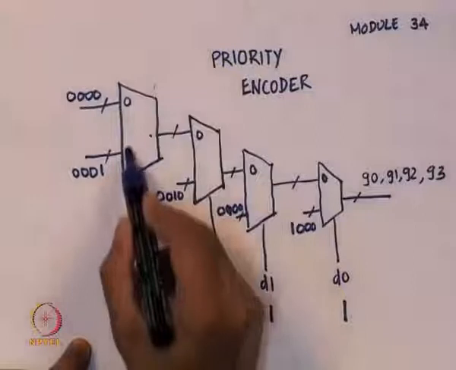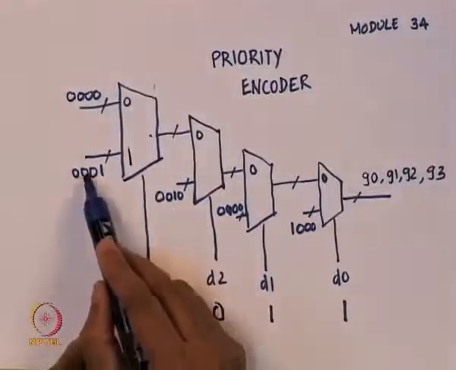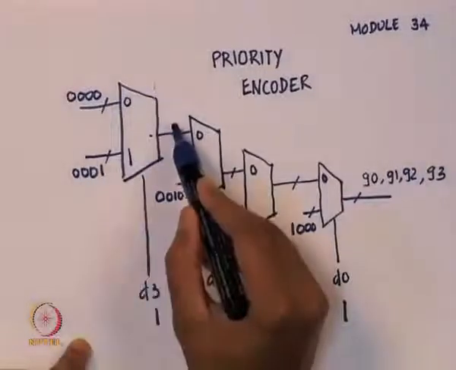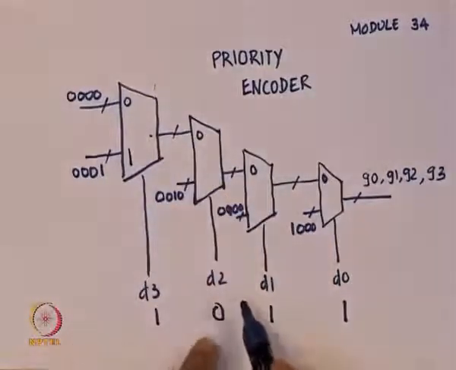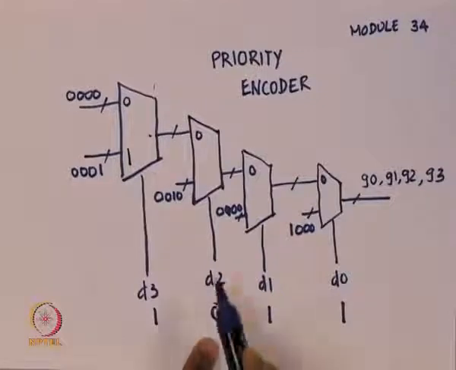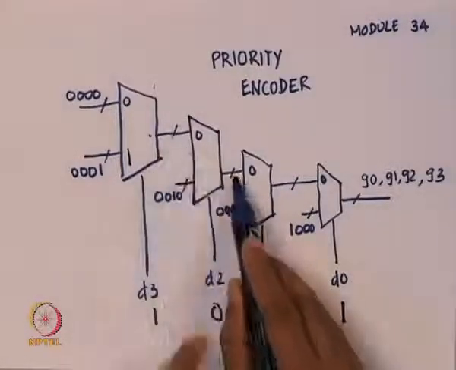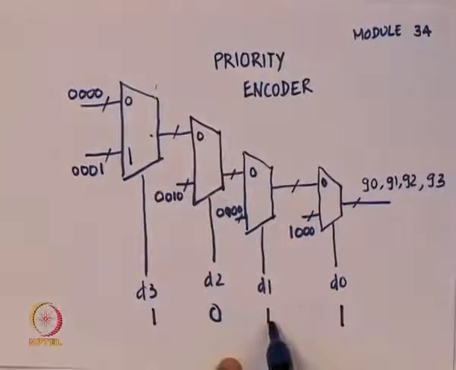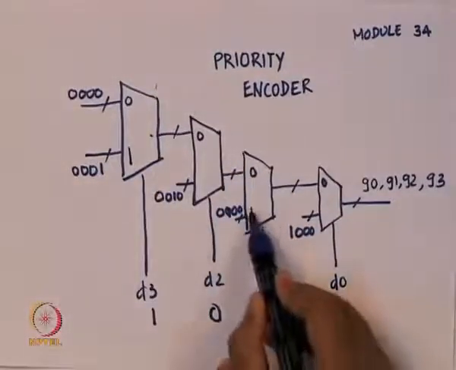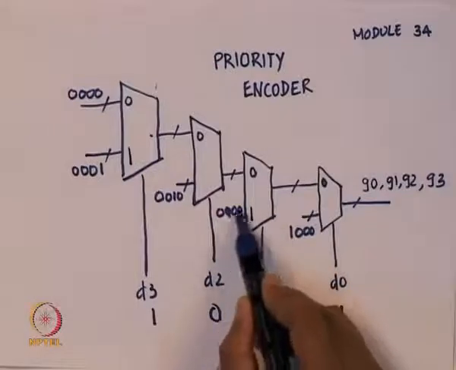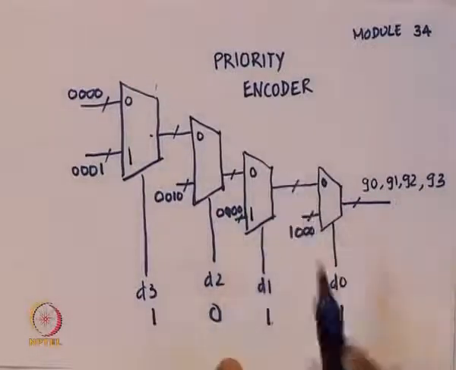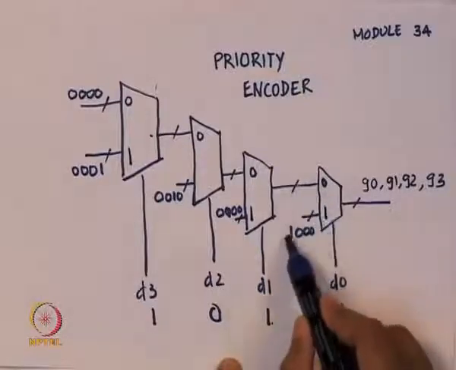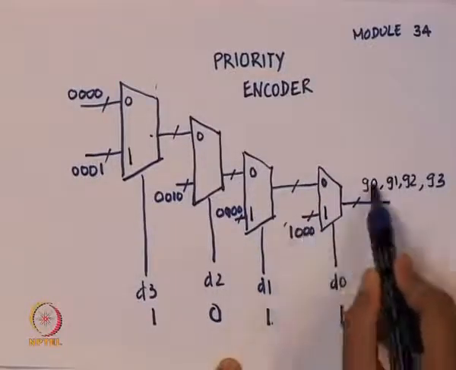Now how would this thing work? If D3 is 1, it places 0001 on this line. So this 0001 will come onto this line. Now D2 is 0, which means this line would appear here, so that will appear as 0001. Now if D1 is 1, it takes this line which has 0100 and places it here, and this one overwrites this combination and instead places this combination onto the output.